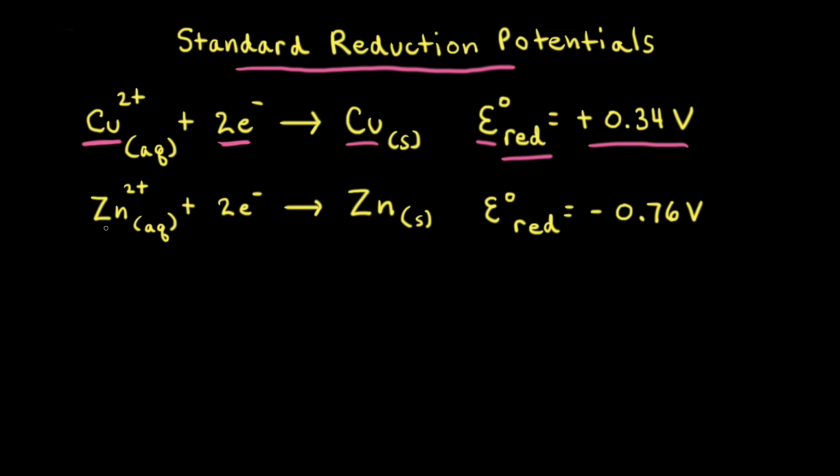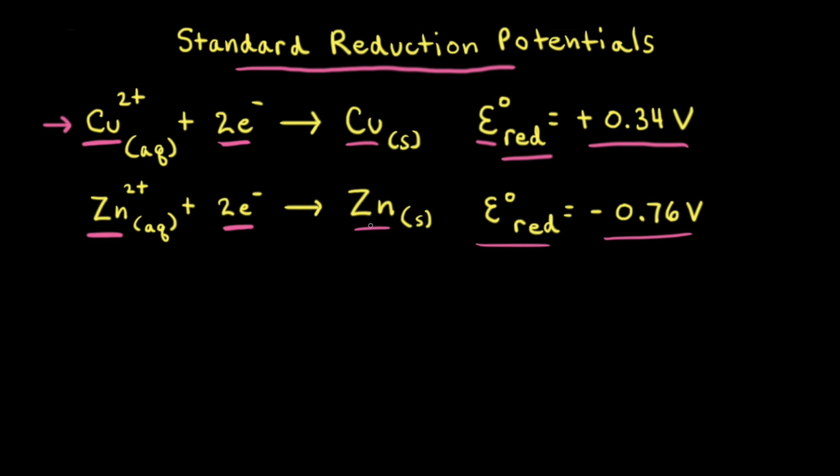And for the reduction of zinc 2 plus ions by 2 electrons to form solid zinc, the standard reduction potential is equal to negative 0.76 volts. We just saw from our zinc-copper cell diagram that copper 2 plus ions are reduced to form solid copper. So we're going to leave this half reaction as it's written.